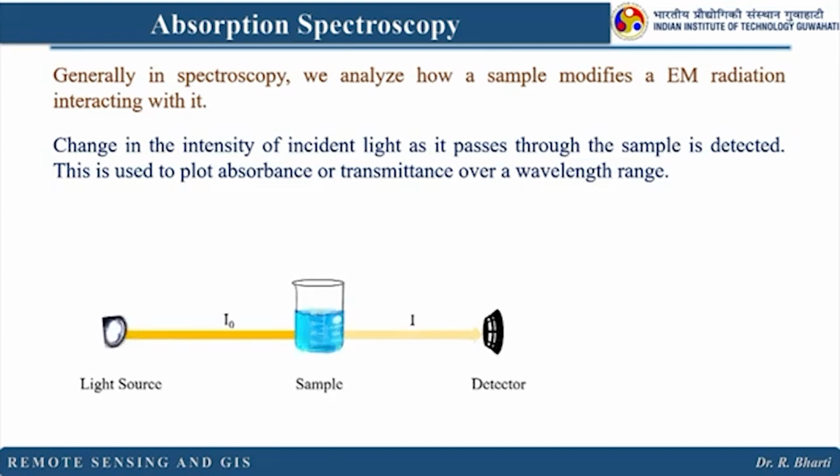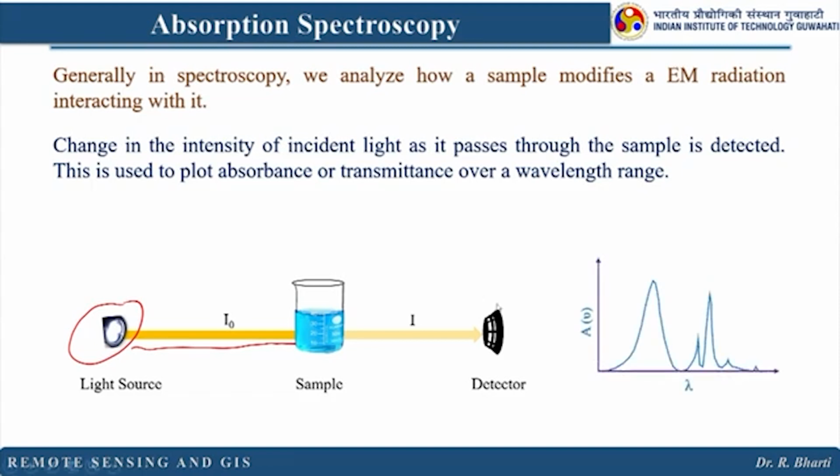Here you have a source light illuminating your sample, and some amount of energy will get absorbed, some amount will get transmitted, depending upon your sample. That information can be captured and then you can plot absorbance or transmittance spectra over wavelength. I hope this is clear.